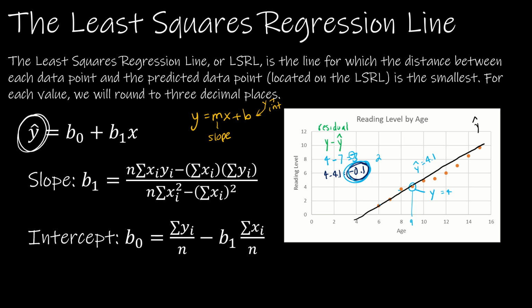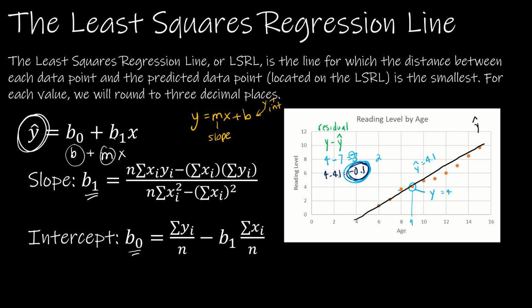Now, typically in statistics, we just write it in the opposite order. So it would be b plus mx. Same idea though, this is still the y-intercept, and the m is still the slope, which is b1. So b1 is the slope, and the y-intercept is b sub 0.